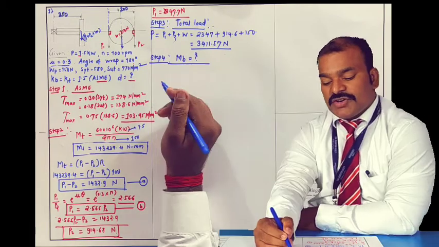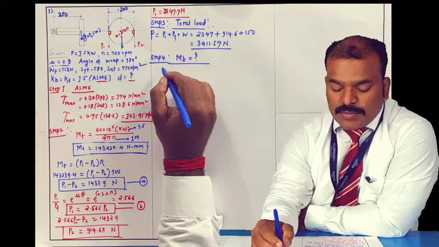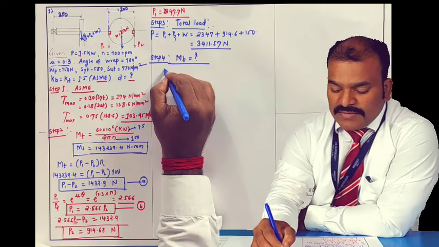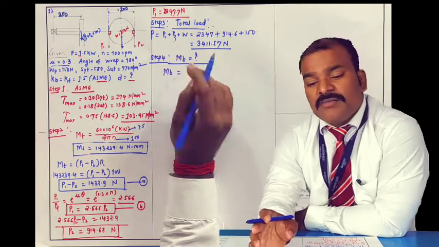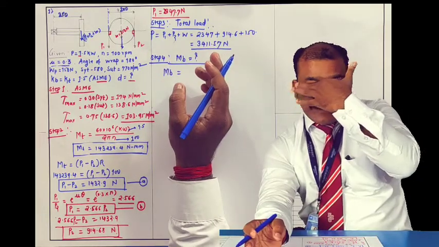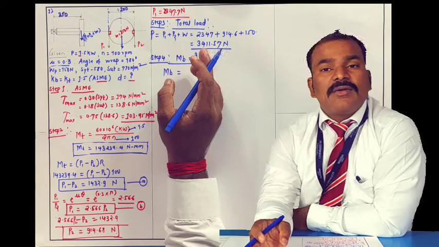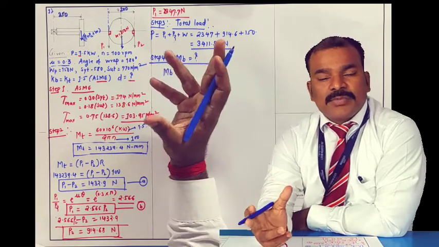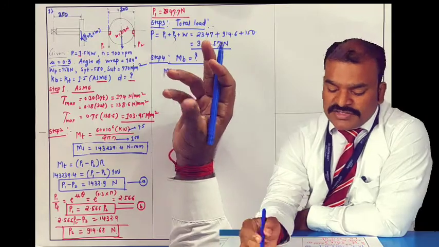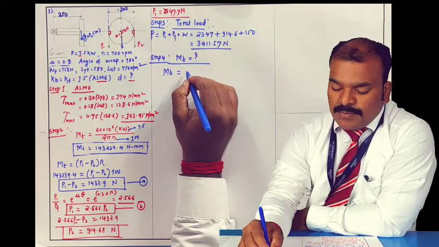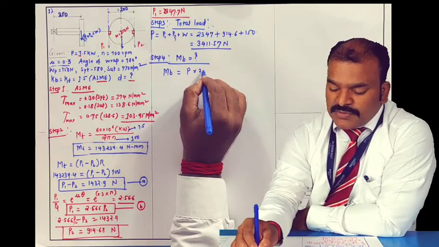From the structure I can say bending moment MB is equal to force into perpendicular distance. Here no need to calculate bearing reactions because both ends are not connected with bearings, only one end. So we can easily get force into perpendicular distance. Force is P into perpendicular distance 250.